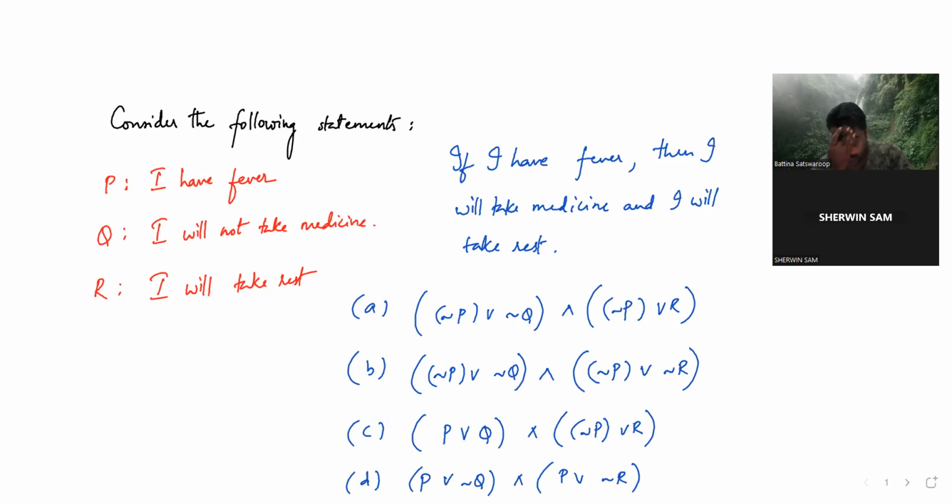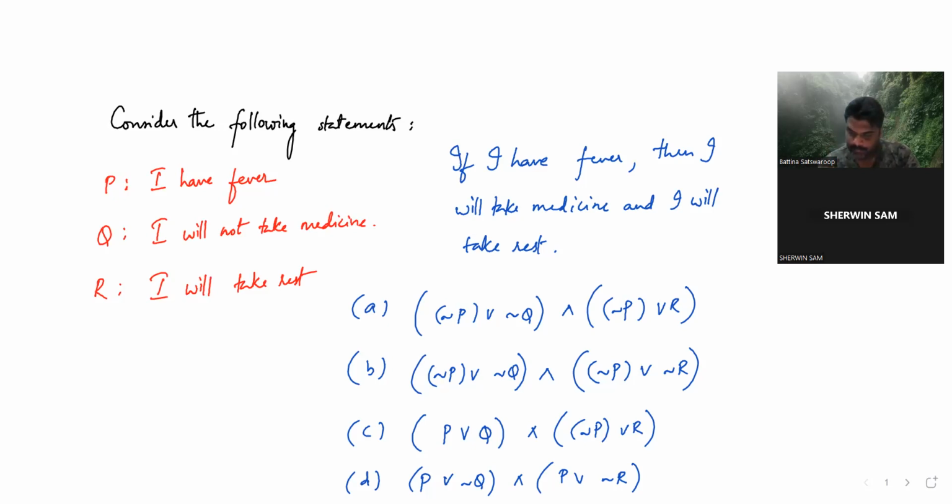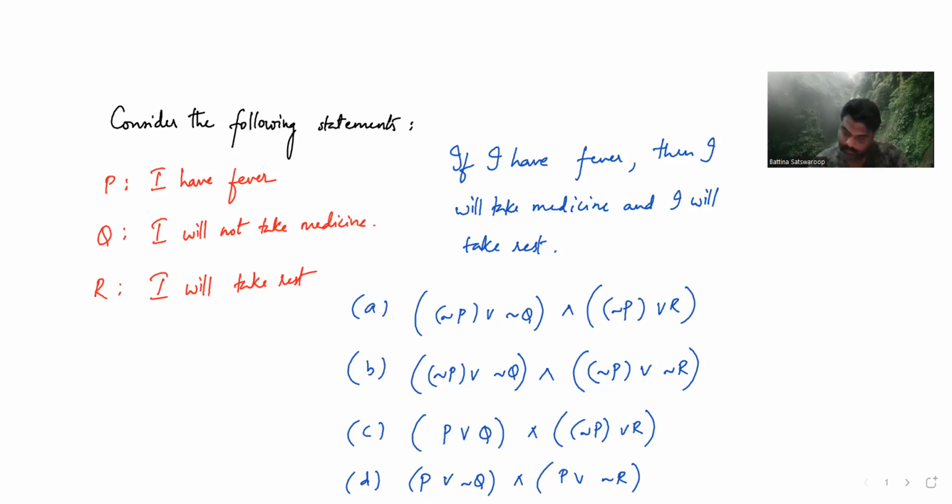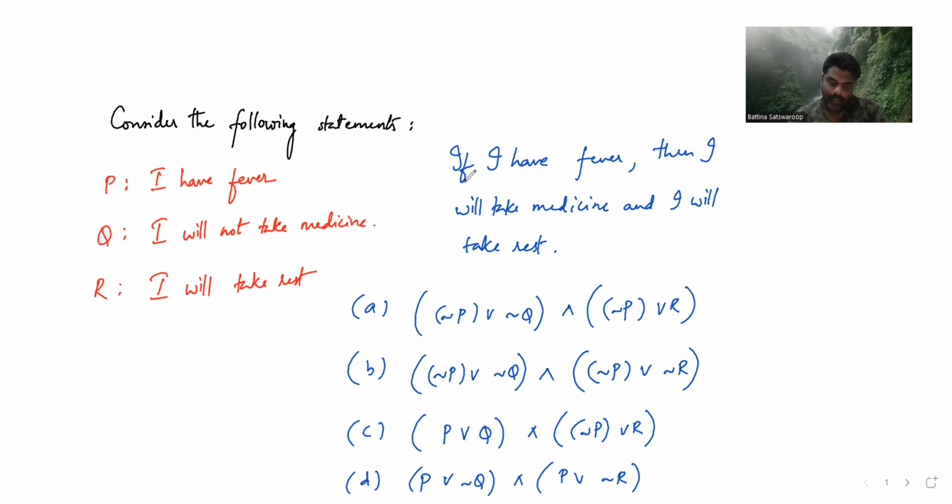First of all, I will try to write what is there in the statement. What is the statement, sir? If I have fever, that is P. Then means implication. I will take medicine.